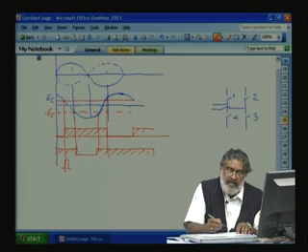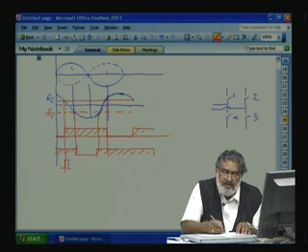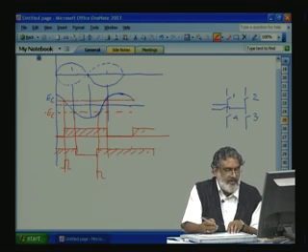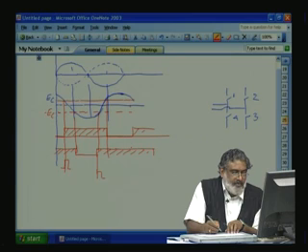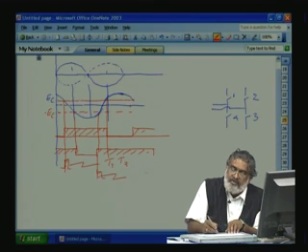And here also, positive going here, next one. This one will be given to T1 and T3. This one will be given to T2 and T4.